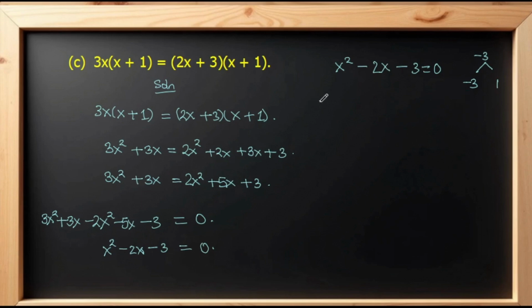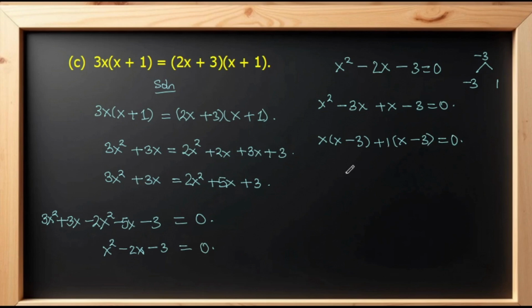So here we have x squared minus 3x plus x minus 3 equals 0. Now we look at the common factor here, and that is x. So x into x minus 3. So the common factor here is positive 1, and we have here x minus 3. This must give us 0.